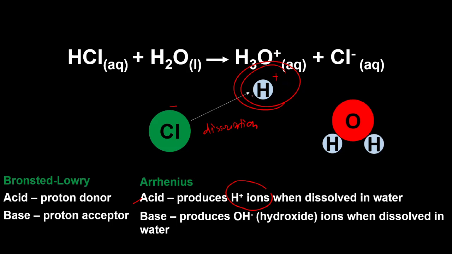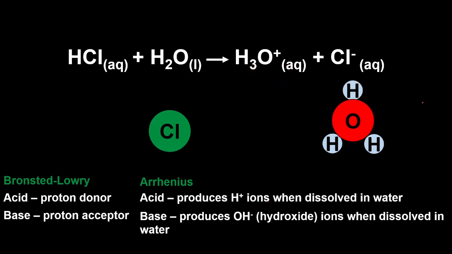As you see here, this H plus is positive, so it will not stay freely in the solution. It will be attracted by a negative particle, especially by an H2O molecule. As you know, oxygen is much more electronegative, so this H plus will be captured by this H2O molecule, forming an H3O plus molecule or a hydronium ion.